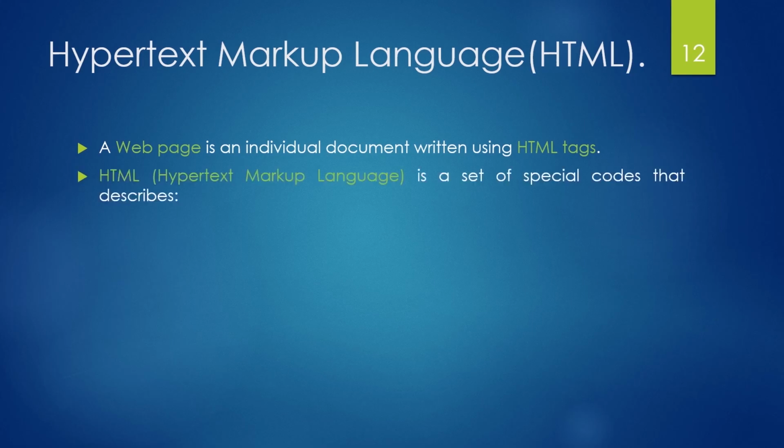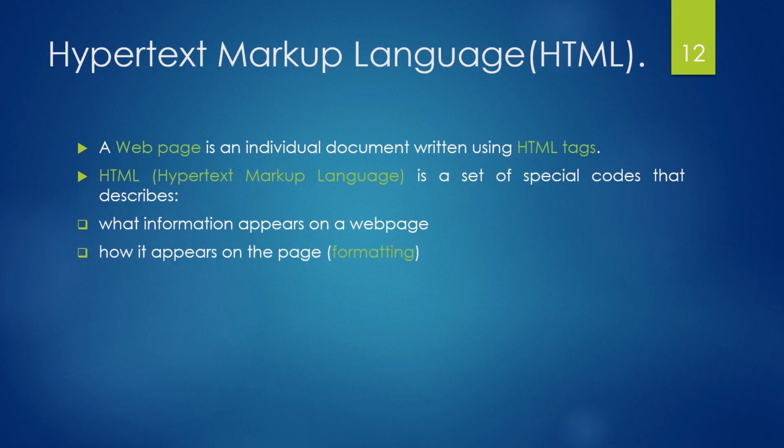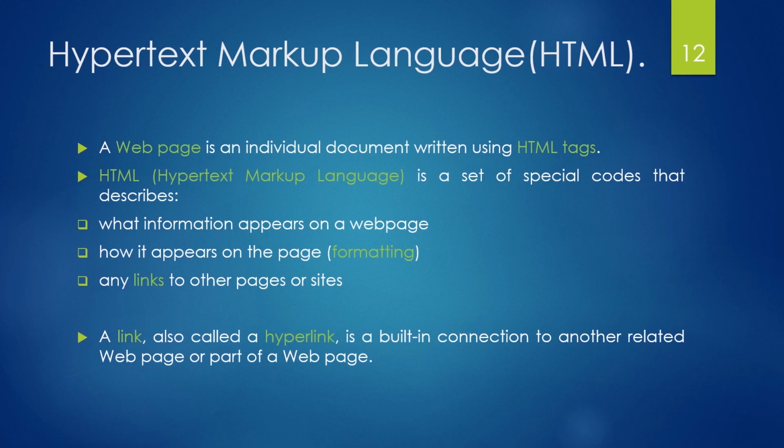It is a set of special codes that describes what information appears on a web page, how it appears on the page, like the formatting, and any links to other pages or sites. The link is also called a hyperlink. It is a built-in connection to another related web page or part of a web page.